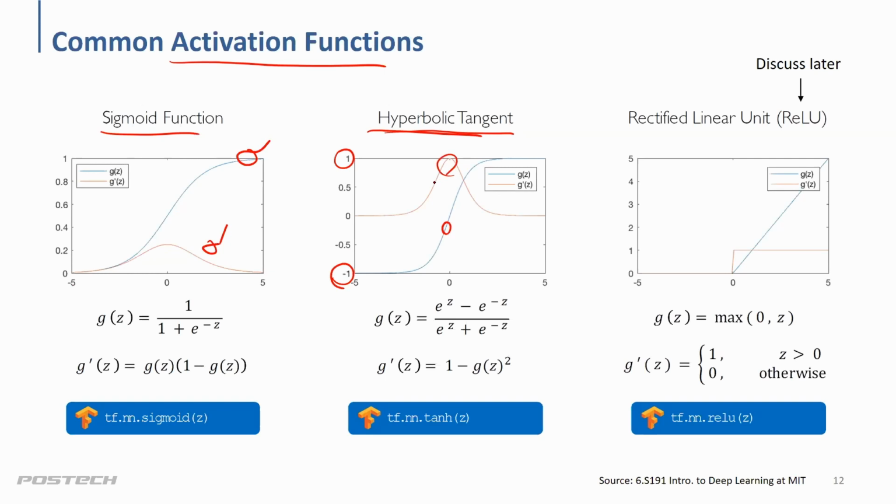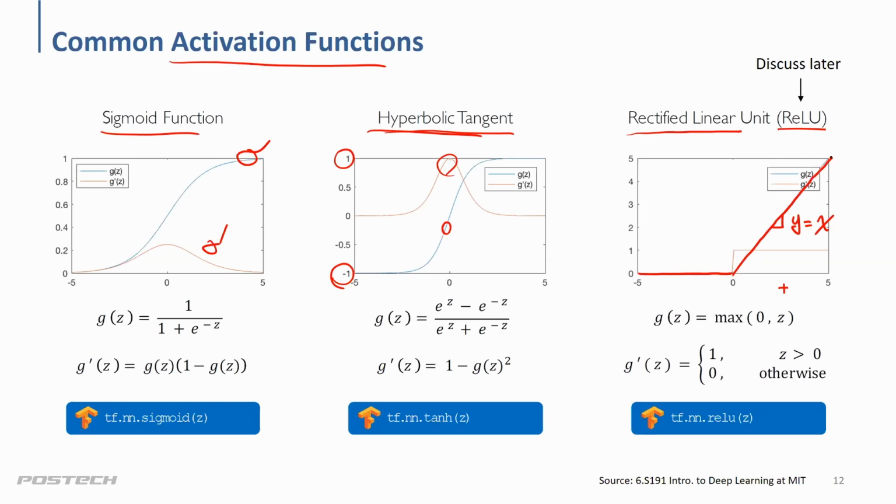Another one is the rectified linear unit. We call it the ReLU function, and I think this one is nowadays the most famous and widely used. If the input is negative, the value is zero. If it's positive, it will be y equal to x.